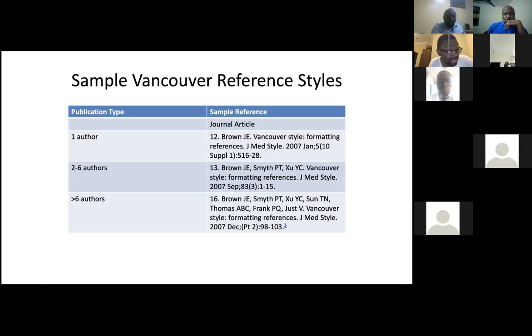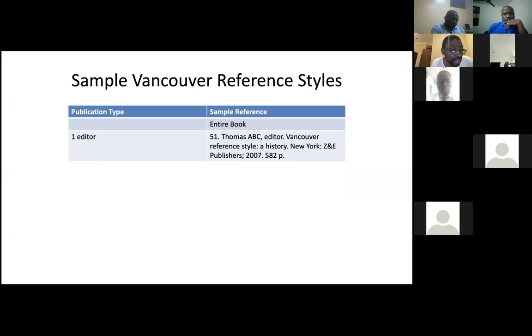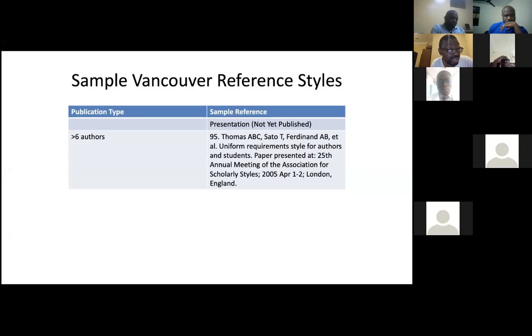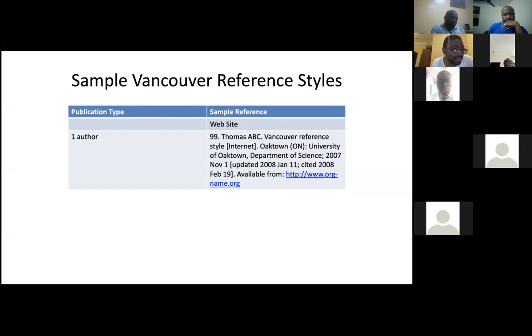And if it's more than 6 authors, depending on which one you're using, you want to cite all 6 authors and then include et al. Some other variants will have you cite just the first 3 authors and then include et al. So whichever style you choose, you should be consistent with it. This is an example of how to cite an entire book. Article or chapter in a book with 2 authors, presentation not yet published, greater than 6 authors. So essentially there are different styles depending on the reference.